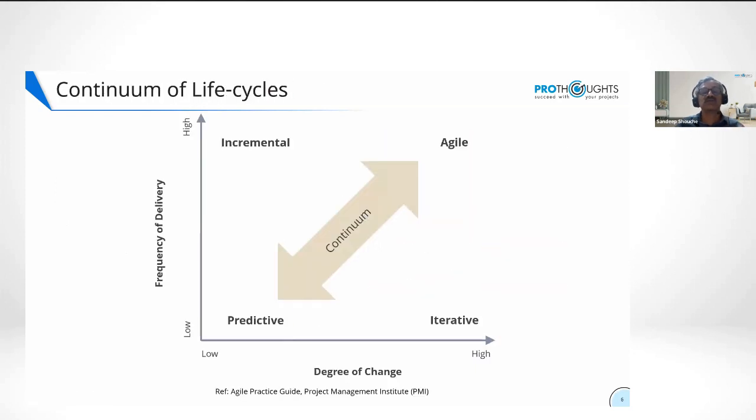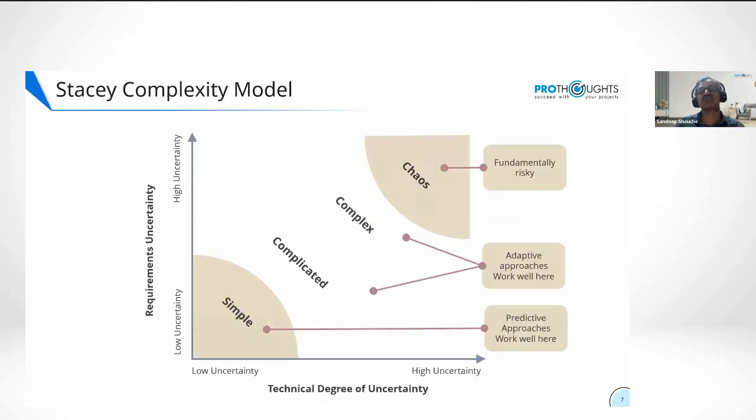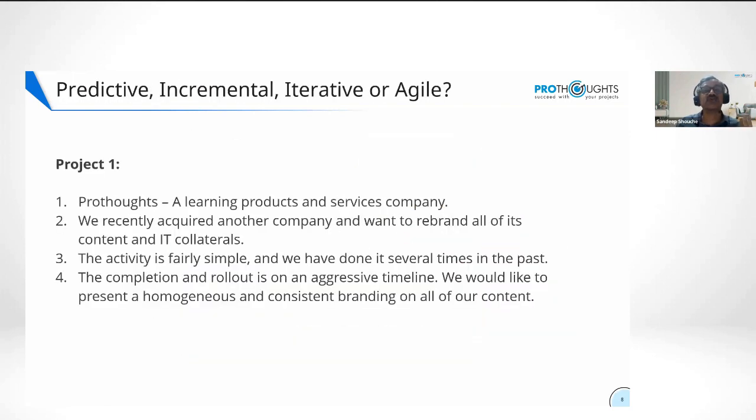This picture. Predictive is low frequency of delivery, low degree of change. Incremental, high frequency of delivery, low degree of change. Iterative, high degree of change, low frequency of delivery, and agile is high on both. So in that context, you've got these 4 choices. You've got to tell me which is most suitable for this scenario. Take a minute to read this description. If you have a question, you can ask me, but at the end, you have to tell me which life cycle model best suits this project.